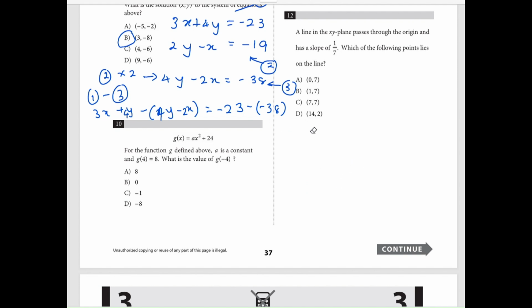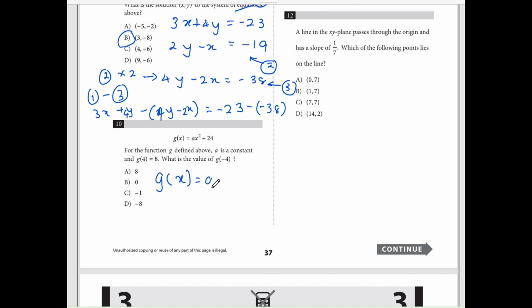Okay, next question is asking for g(4) where g(x) equals a x squared plus 24. Here they have given the value of g(4) as 8.